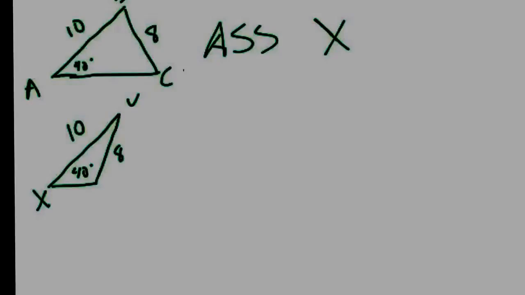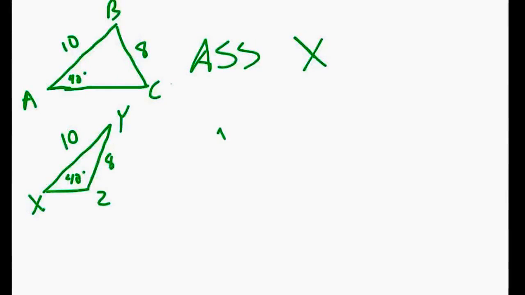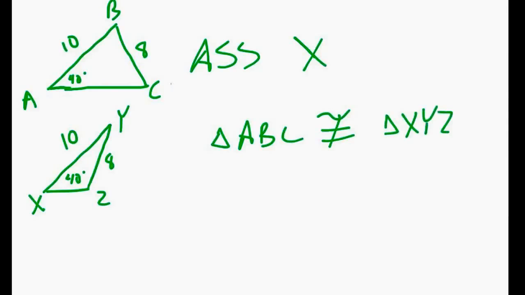So if we just put letters again, if we do ABC and XYZ, we would say triangle ABC is not congruent to triangle XYZ.